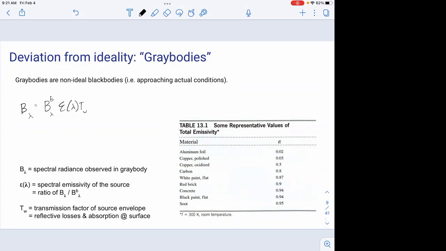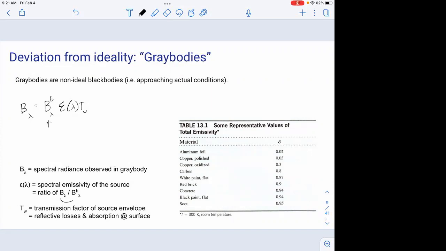Anything that can absorb radiation pretty well is given a number closer to 1. Because this is a ratio, you should never have anything greater than 1, right? But this is a way to correct for the amount of radiation that this ideal black body can actually take in when it's a gray body, right?